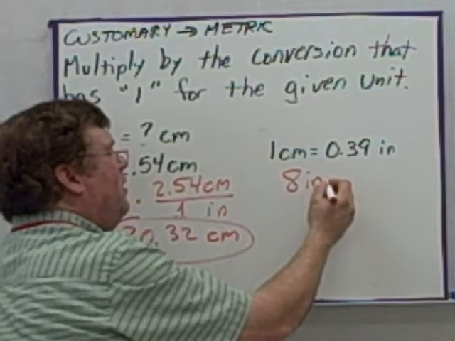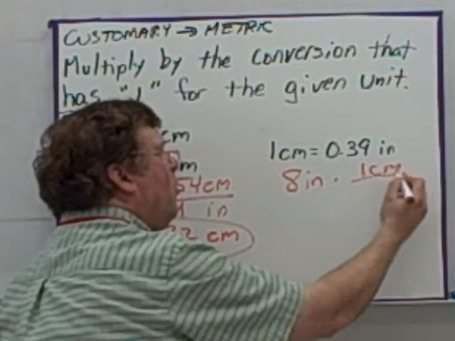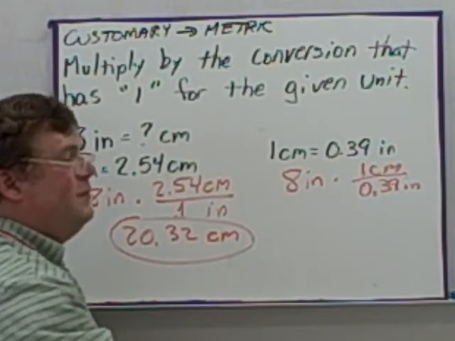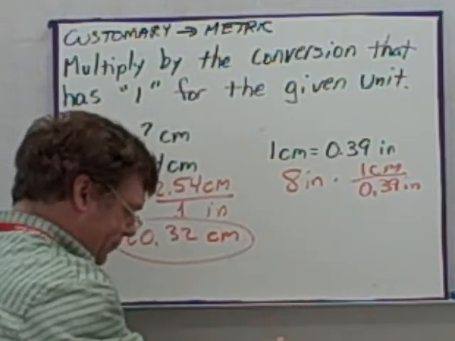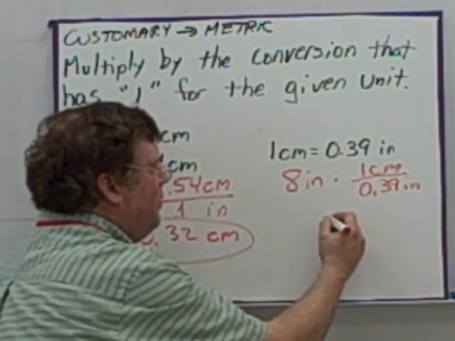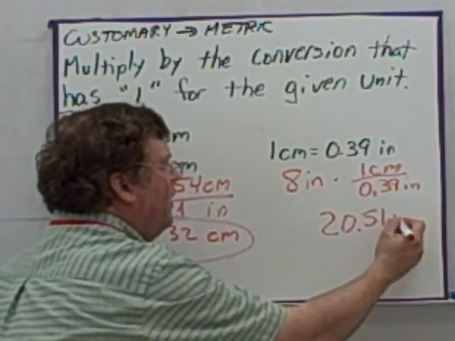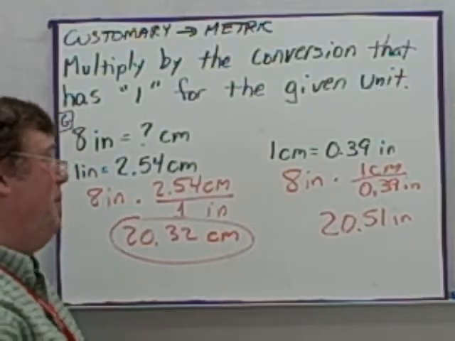You're going to do 8 inches times 1 centimeter over 0.39 inches. In this case, you see you're going to end up dividing 8 by 0.39. And when you do that, you're going to get 20.51. It doesn't work out to be exactly the same.